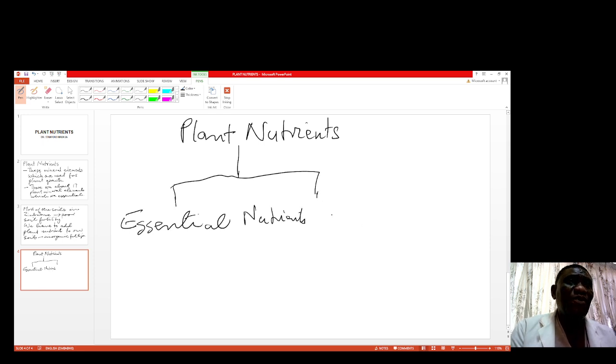Then the second group is the non-essential nutrients.